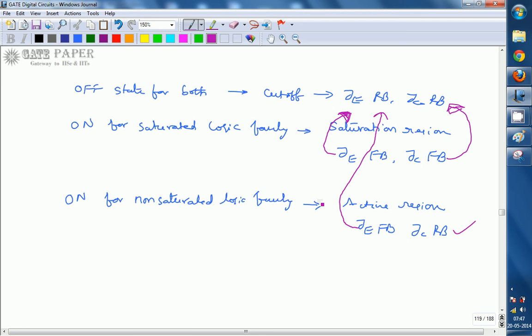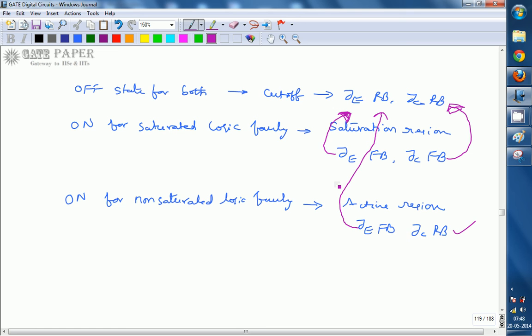In another way, if you are coming from off to on state, in a saturated family JE and JC both should come from reverse bias to forward bias. Whereas in a non-saturated family, if you are making the transistor go from off to on, only the emitter base junction has to come from reverse bias to forward bias. That is sufficient, whether it is off to on or on to off.